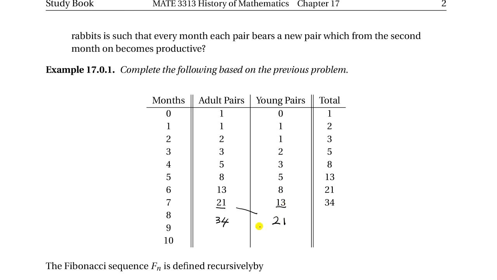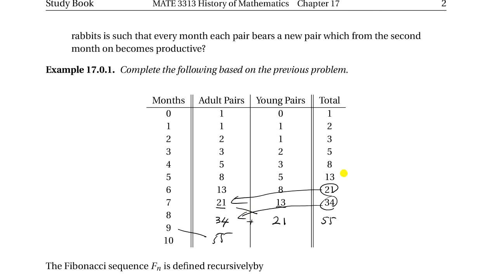So altogether we just need to add these, and the total is 55 pairs of rabbits. These numbers become like that because we're just adding them. The next one is going to be 55 at the 9th month, and we can calculate like this.